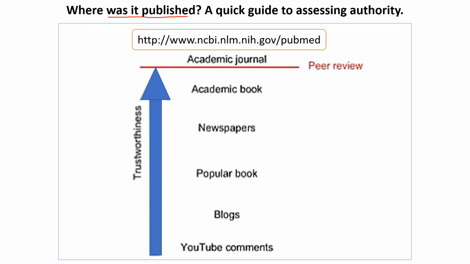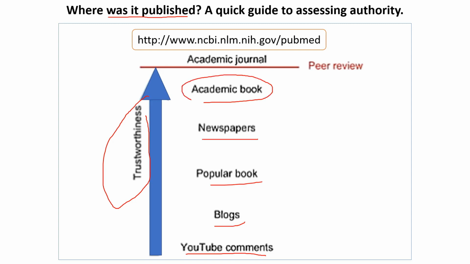Okay, so here you can see a quick guide to accepting an authority. So, how trustworthy are these resources? YouTube comments, not very trustworthy. Blogs, no. Popular blogs, no. Newspapers, no. Academic books, yes, such as textbooks that you have for different courses, even though they are not peer-reviewed.